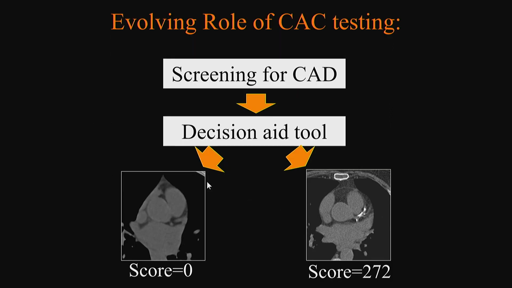So essentially, in the last couple of slides, I have summarized that we have seen an evolving role of calcium testing. We used to use this for screening low-risk individuals to detect who has coronary artery disease.